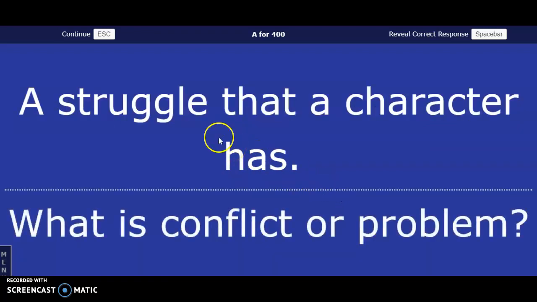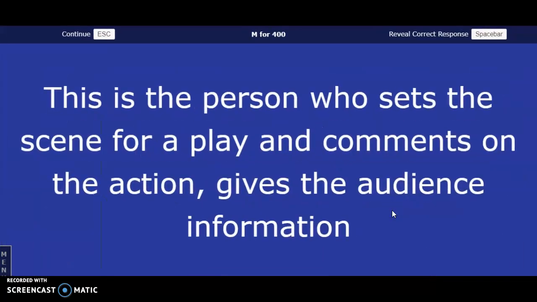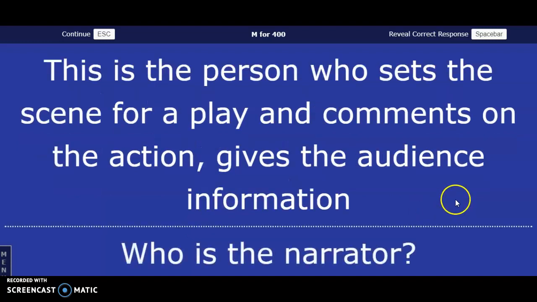M400. This is the person who sets the scene for a play and comments on the action, gives the audience information. 3, 2, 1. Also, a hint, we can have more than one of this person or these people. 3, 2, 1. Who is the narrator?